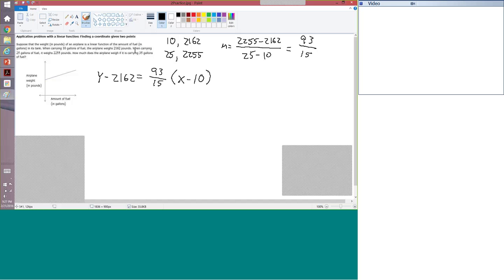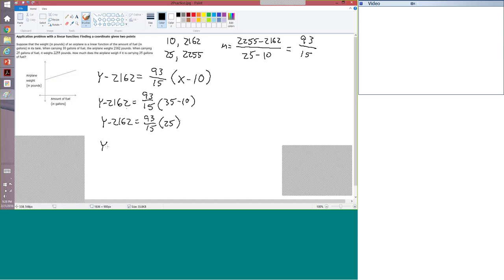Again, they're asking what it is at 35 gallons, so I can go ahead and plug that in for this x. So that I get y minus 2162 is equal to 93 over 15 times 35 minus 10. Or y minus 2162 is equal to 93 over 15 times 25.